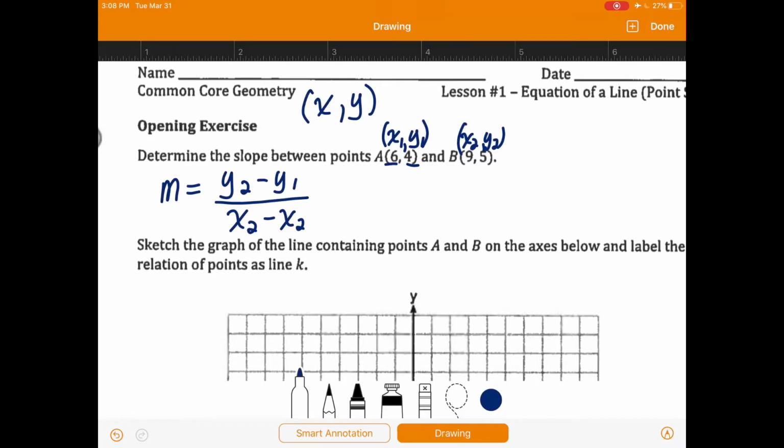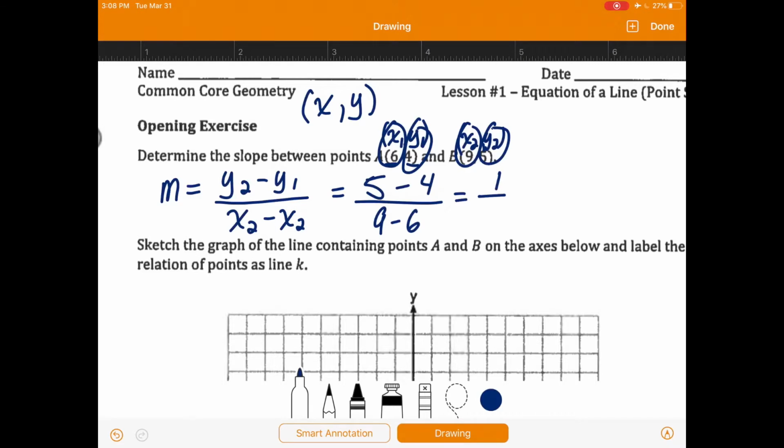So if you're good with that, you could just plug in those numbers. So y2 minus y1 is going to be y2, which is 5, minus y1, which is 4, over the difference in the x values. So that's x2 minus x1. And when you subtract the 2 numbers on the top, you get 1.